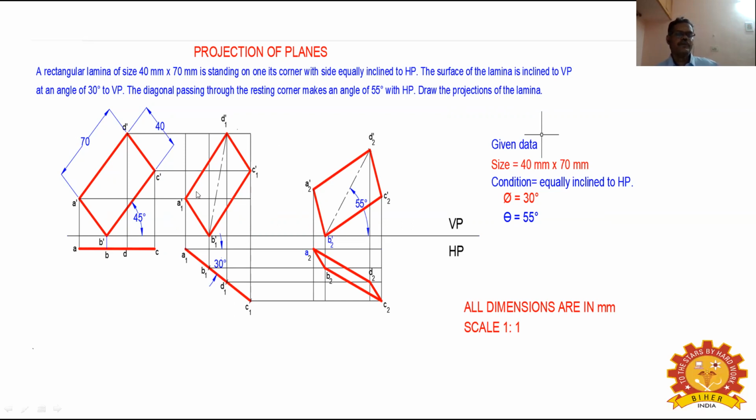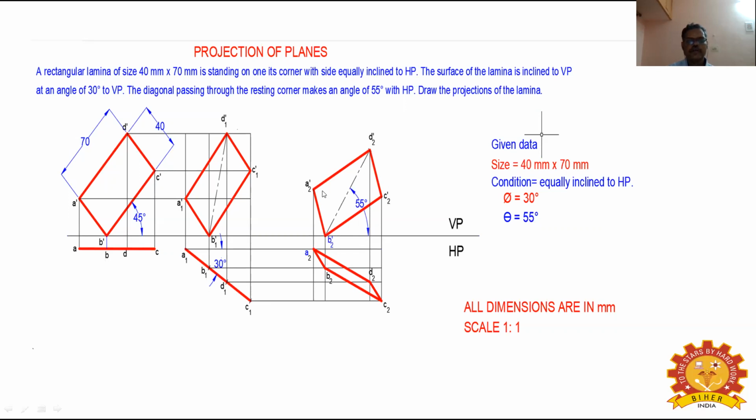Here the twist is the diagonal passing through the resting corner makes 55 degree with HP. Diagonal means BD is the diagonal. Therefore, the BD angle makes 55 degree to HP. So mark as A2 dash, B2 dash, C2 dash, and D2 dash.